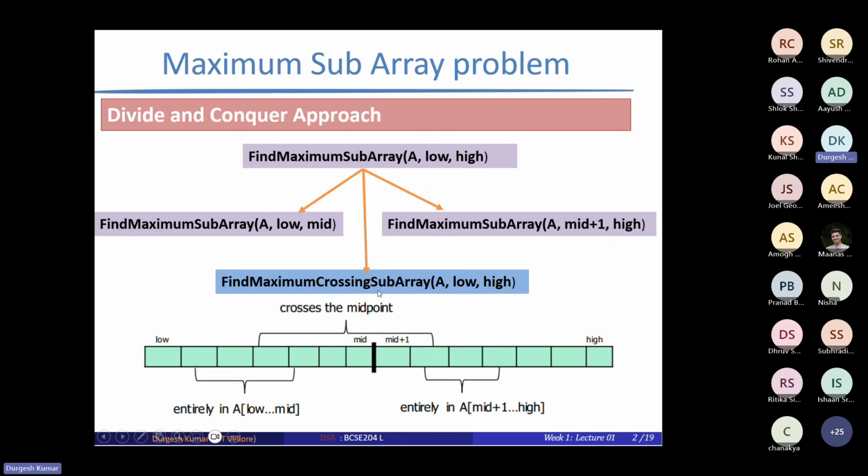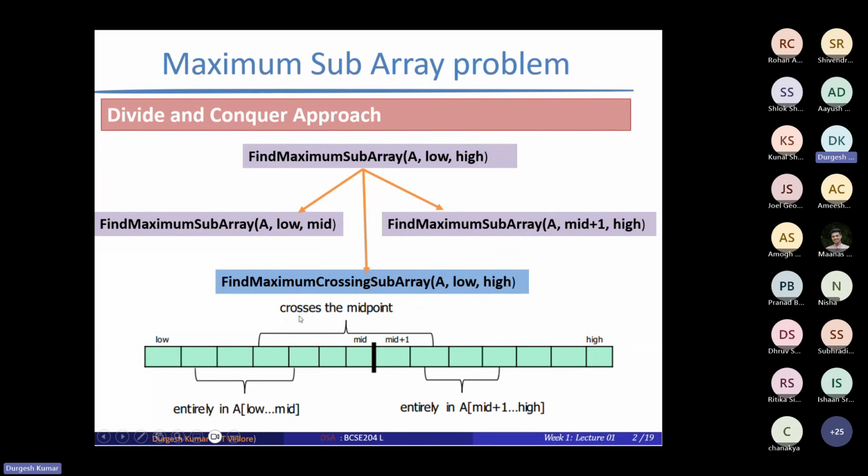This crossing subarray must contain the elements mid and mid plus 1. If you focus on this picture, this is any subarray in the S2 part, that is the right part. This is the maximum subarray in the left part. This has to be in this region only.